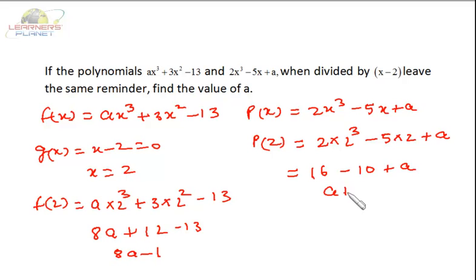So it's a plus 6. Now further, according to the question, this remainder and this remainder are same. So let's equate them. 8a minus 1 is a plus 6. That means 7a is equal to 7. That means a is equal to 1. Okay, very simple.